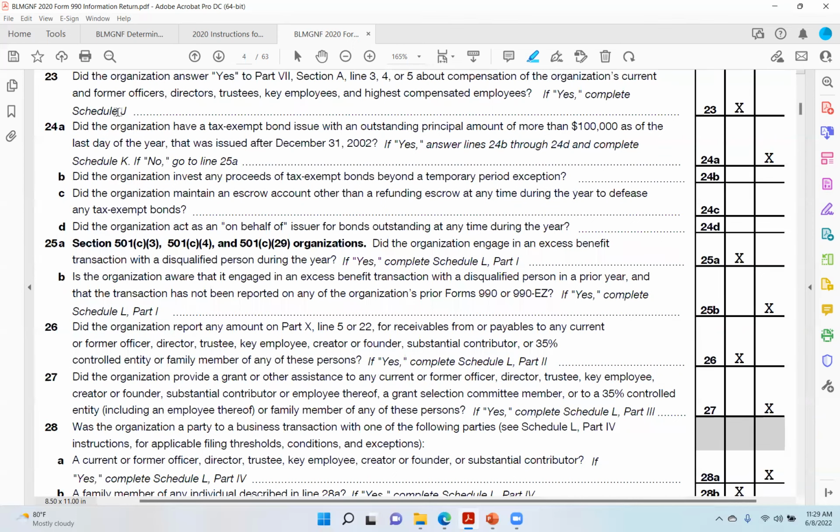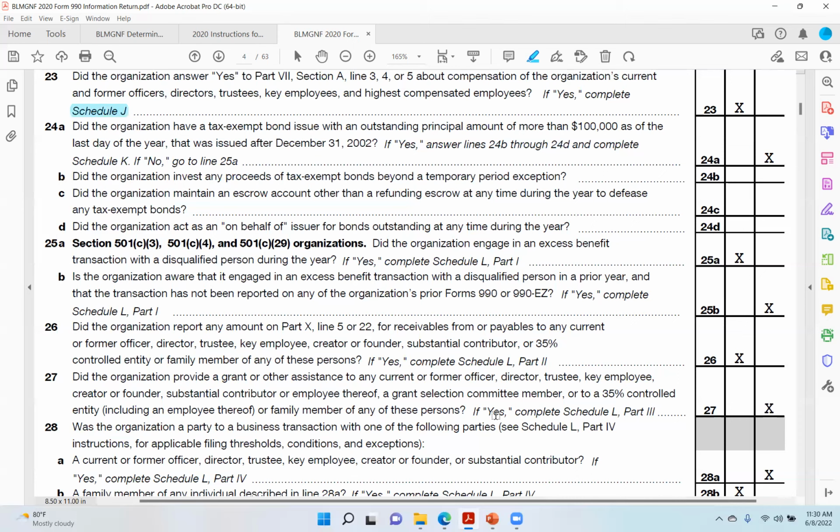If yes, complete Schedule J. Yes, there we go. I feel better now. I know they're going to talk about compensation, all of that money they paid people. Okay, I was wrong. So number 24A, did the organization have a tax-exempt bond issue with an outstanding principal amount of more than $100,000 as of the last day of the year? No.